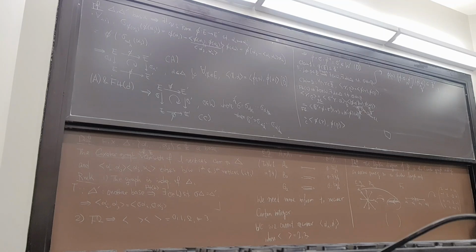And then sigma alpha of beta is, by the definition of reflection, beta minus the pairing times alpha. But this is contained in E prime, and beta is also in E prime. So alpha needs to be an element of E prime because the pairing is non-zero. So alpha is in E prime.